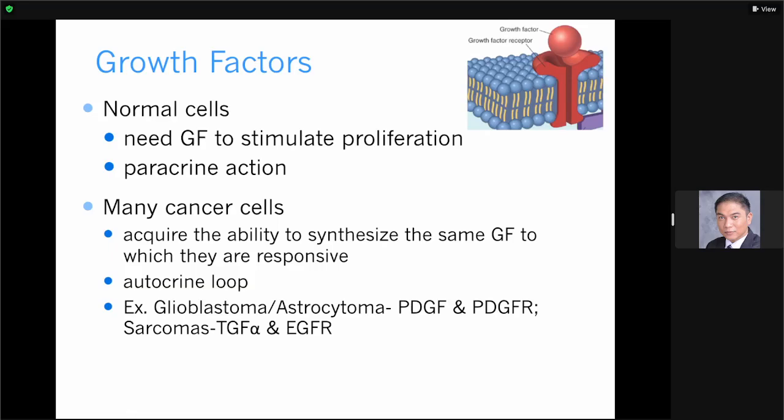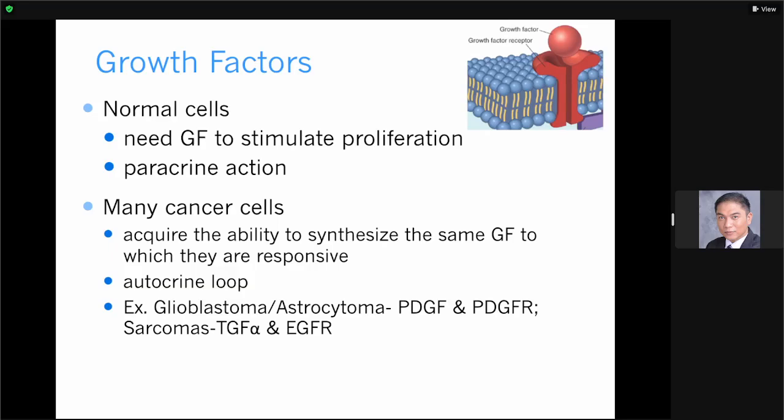Pag autocrine kasi is, ako yung nag-produce, mag-a-act din sa sarili ko, yung molecule. Pag paracrine, I will release the molecule, it will act on the nearby cells. Pag endocrine, sa malayo na cell. So, in a normal cell proliferation, it's usually through paracrine action.